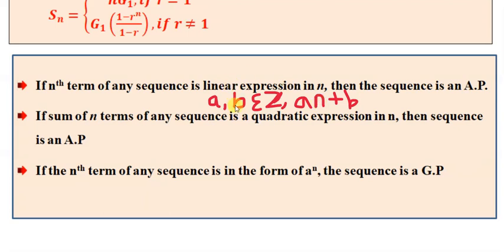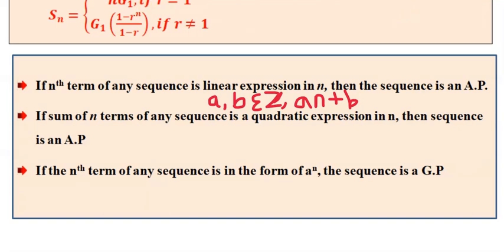In any case, a and b can be real numbers, but a must be different from 0. In that case, this is a linear expression. Then if the general term or the nth term of any sequence is given as a linear expression in n, then that sequence is said to be an arithmetic sequence.